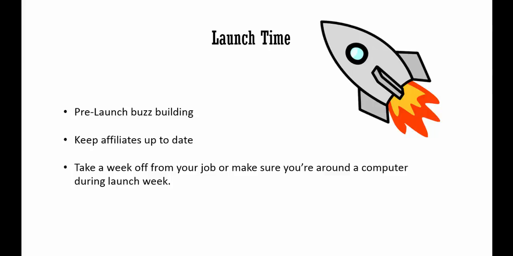Now, the next bullet point we've got is keeping affiliates up to date. Now, this is of massive importance. Remember when in the previous module we were talking about getting an email list of affiliates? So on your JV page, you've got an opt-in box where potential affiliates and JVs who are signing up also have a chance to opt in with their email address to keep up to date with your launch details.